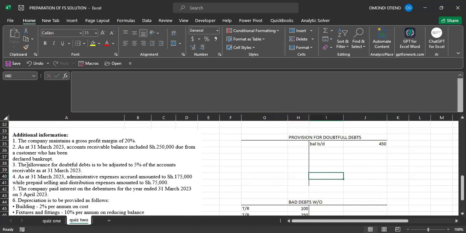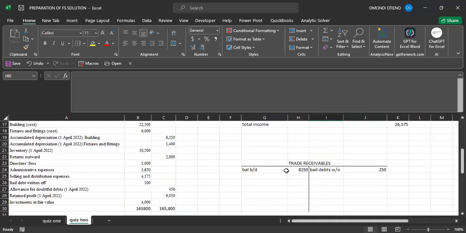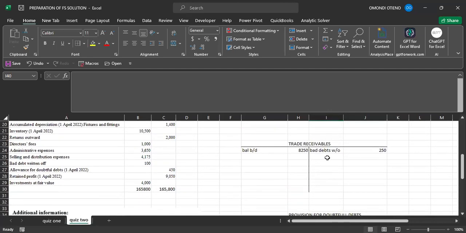During the year, we are told that the allowance for doubtful debts is to be adjusted to 5% of accounts receivable as at 31st of March 2023. So the balance carried down in this account has to be adjusted to 5% of the net accounts receivable. Now, this account receivable is also supposed to be reduced by 5% being taken to provision for doubtful debts.